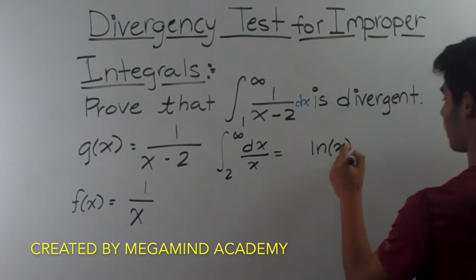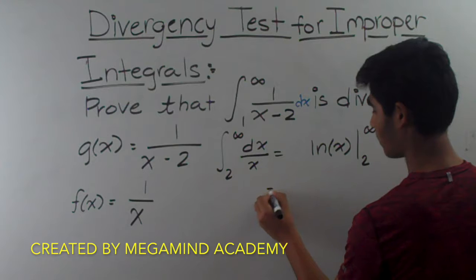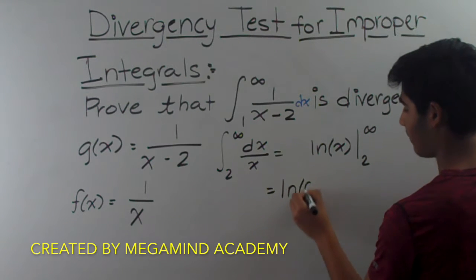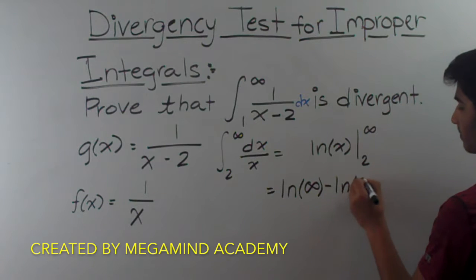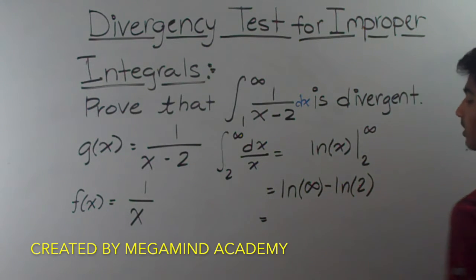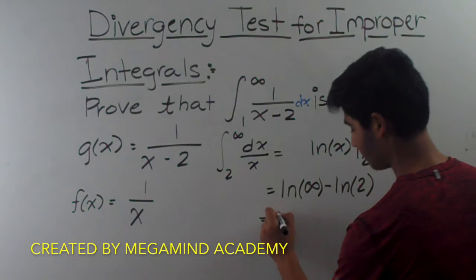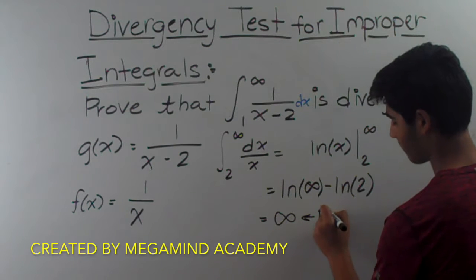So we have the natural log of x from 2 to infinity. This would be equal to the natural log of infinity minus the natural log of 2, which would be infinity minus the natural log of 2, so infinity minus a constant would just be infinity. So because this is infinity, that would have to be divergent.